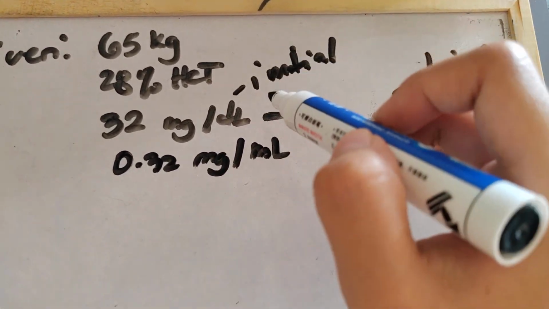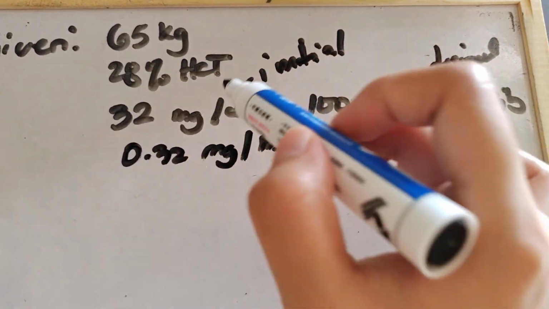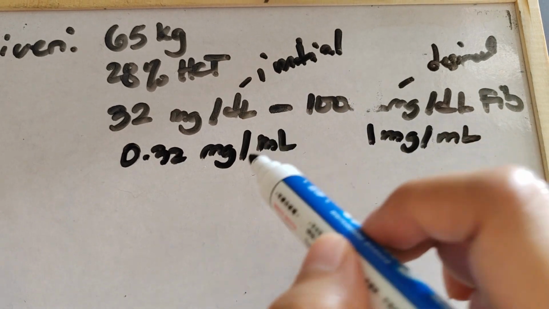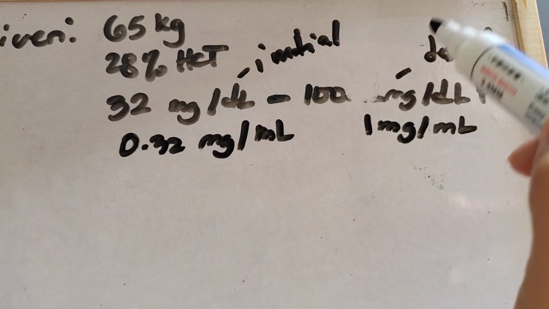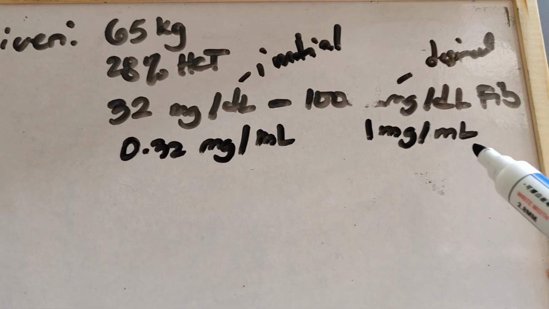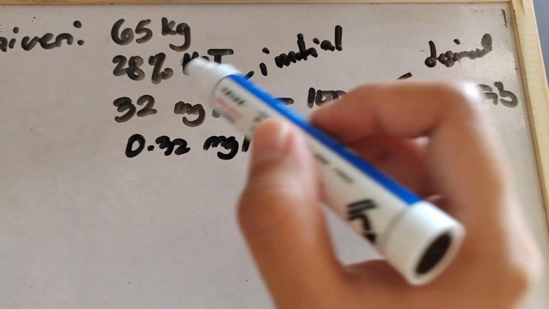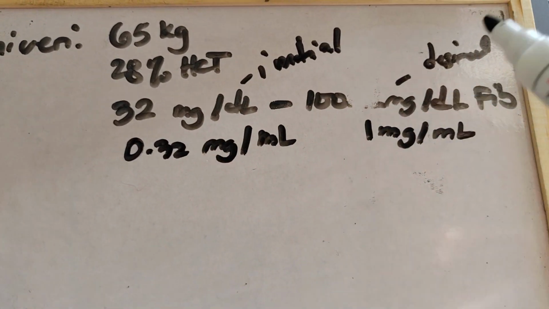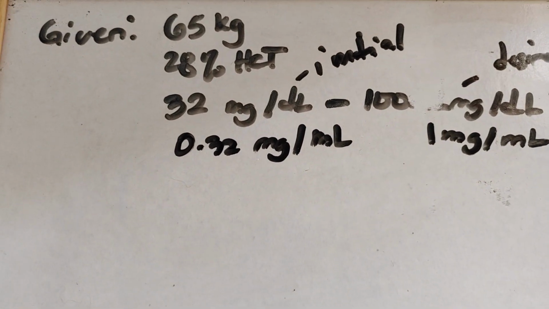This one is milligram per dL, pero we are gonna use milligram per mL. So, 32 milligram per dL, convert natin sa mL, that's gonna give you 0.32 milligram per mL, and then yung 100 is 1 milligram per mL. Kinonvert lang natin yung dL into mL. This is the initial fibrinogen, this is our desired fibrinogen. Take note of that.